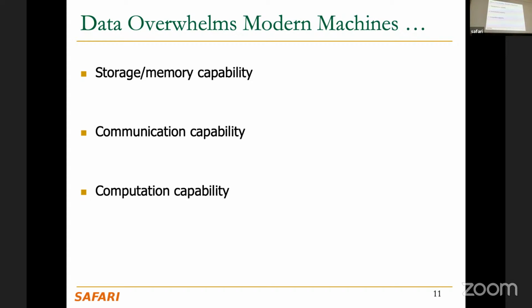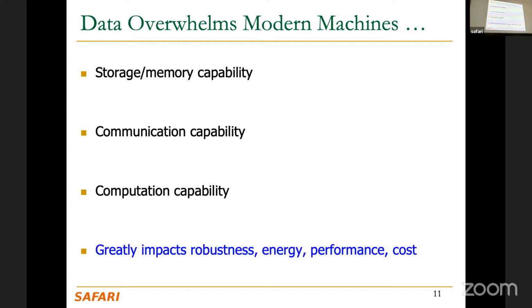Or because of the communication capabilities across those different memory devices inside the memory hierarchy itself. Or because of the limited computing capability that you actually need to execute on top of that large amount of data that you are consuming. All of this greatly impacts the robustness, energy, performance and efficiency of current systems.